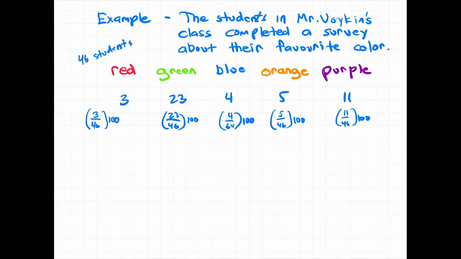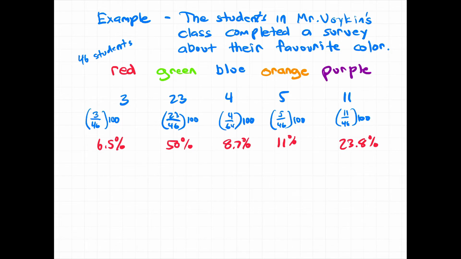Now, if you do the math, we're going to end up with 6.5% of the students like red, 50% of the students like green, 8.7% of the students like blue, 11% of the students like orange, and 23.8% of the students like purple.